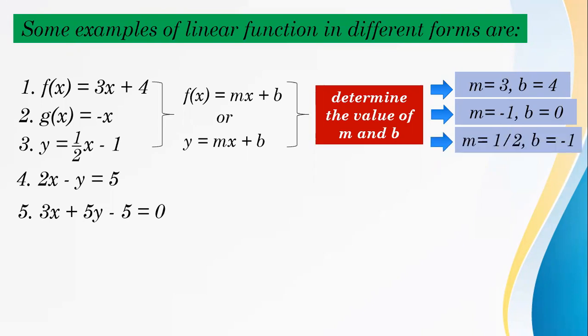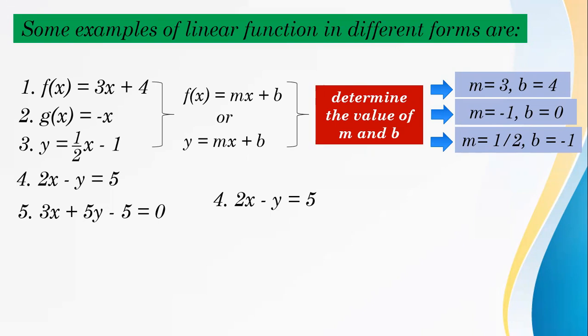Number three, your slope m equals 1 half, and your y-intercept b equals negative 1. But number 4 and 5 are also linear functions, though we need to change the given form to the slope-intercept form.